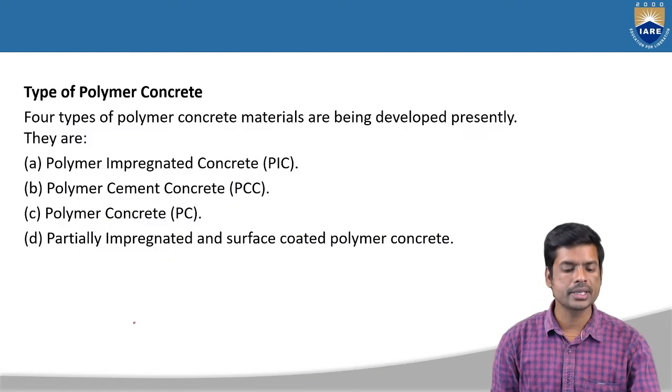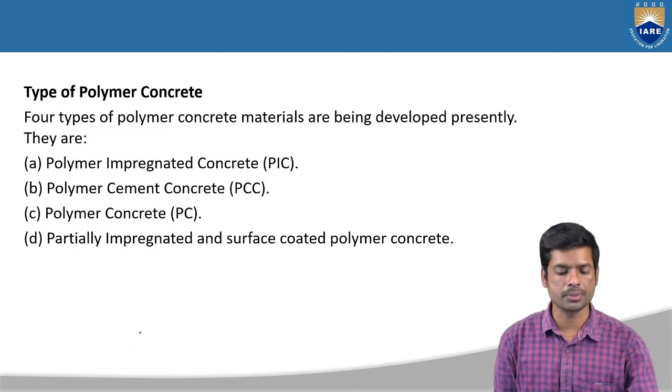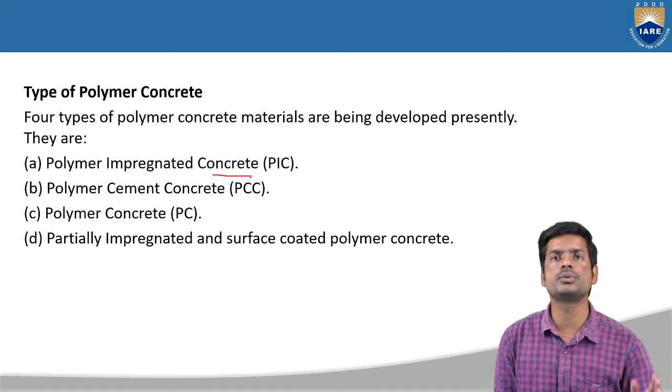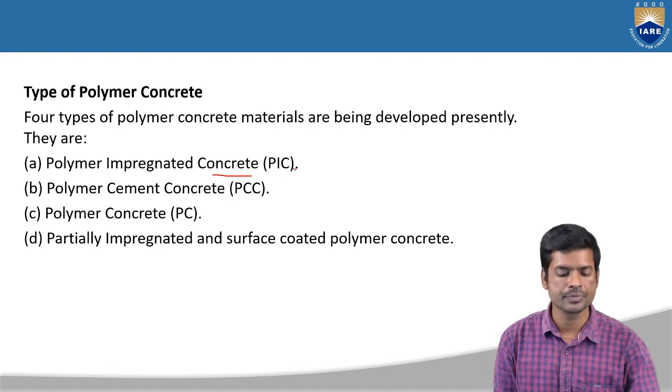Next, coming to the types of polymer concrete. Polymer concretes are of different types. We have 4 types of concretes. The first one is polymer impregnated concrete, where we are going to impregnate the polymers into the concrete. The next one is polymer cement concrete.